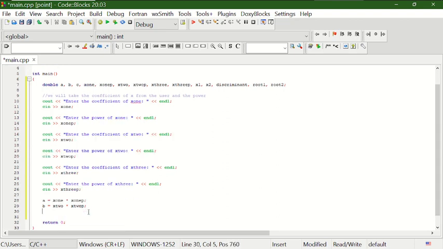So I'm going to do the same thing also for the C. So C equals to what? X3 C in times x3 C in power. Okay, so I'll terminate this also. So once I've done that, the next thing I want to do is calculate my discriminant.